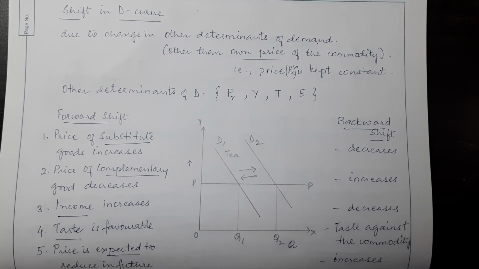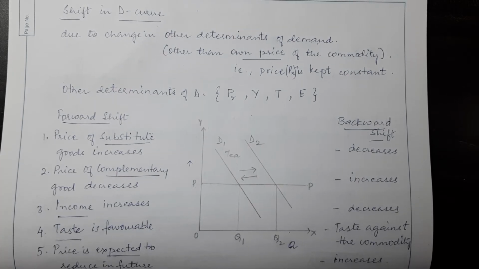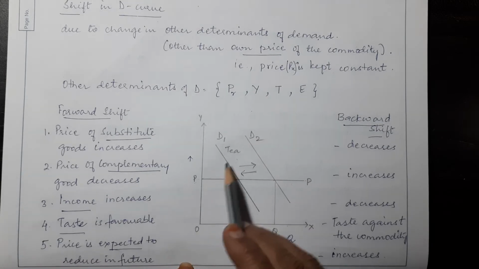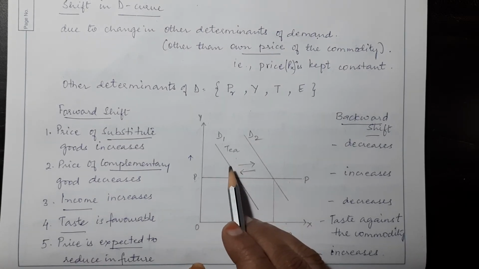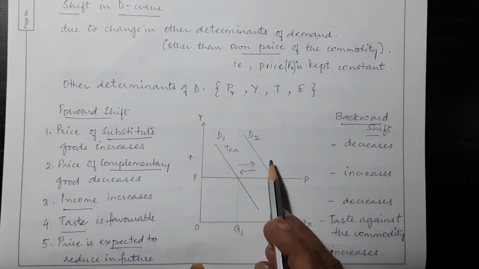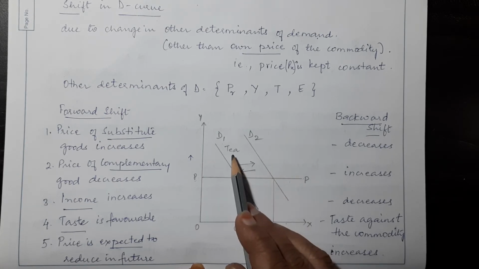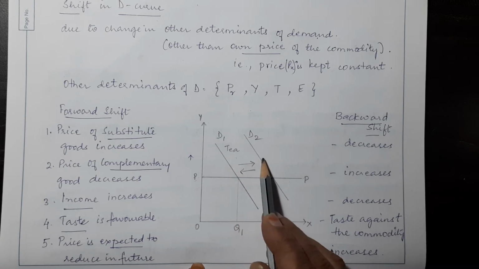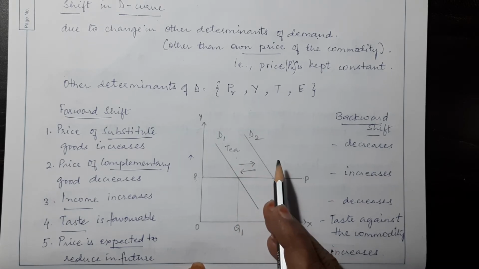What are substitute goods? Those goods which can be substituted for each other, like tea and coffee. That was the example we learnt.